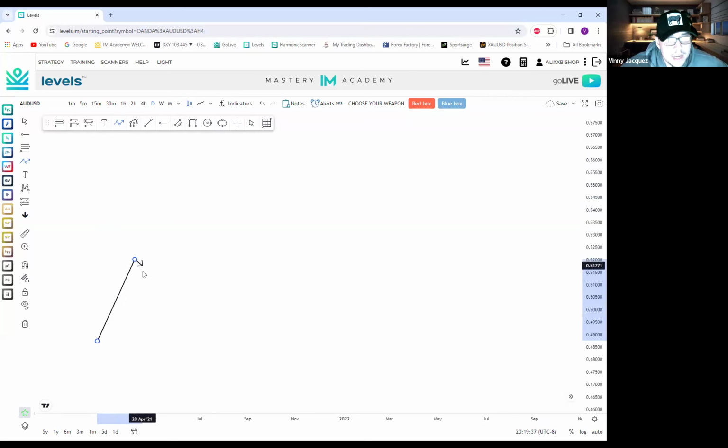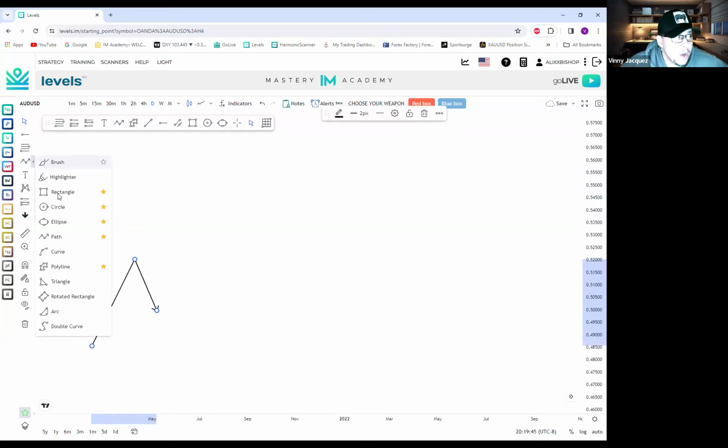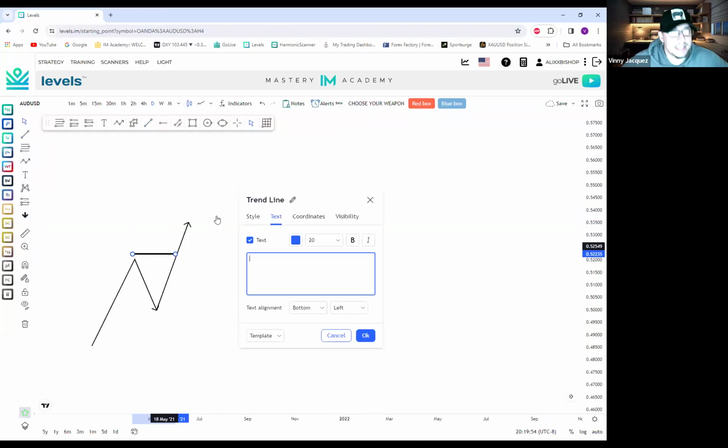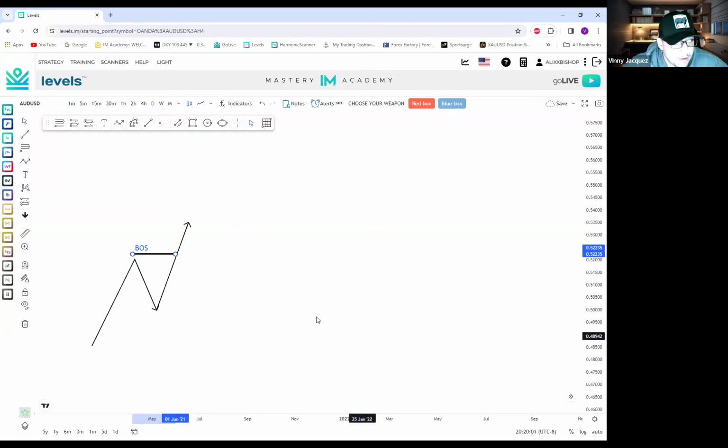So as market gives me a higher high and we pull back, I need you guys to mark that up. Whether it's like this, okay, cool, we got this BOS, right? Because I need you guys to be able to see that head and shoulder when it happens. Boom, we got the BOS, right?